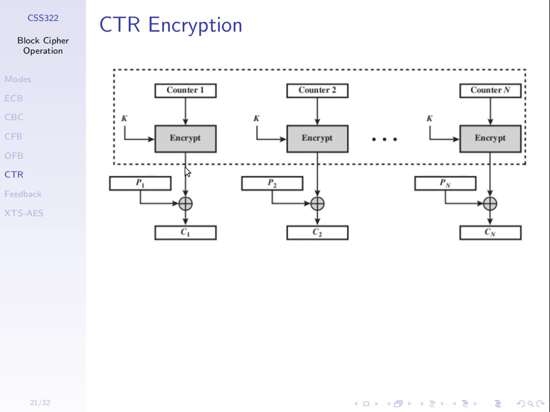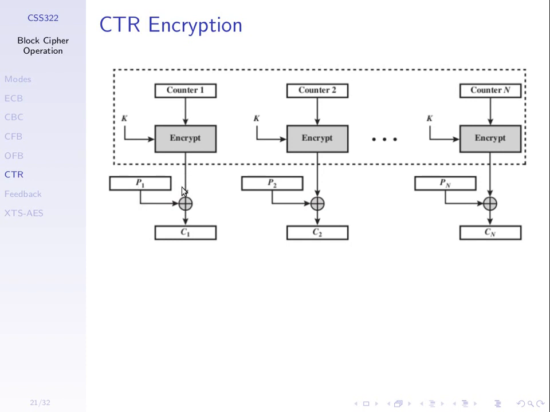We get some output ciphertext, and again, if our cipher is good, then the ciphertext that comes out of this encryption should be random. Encrypting something should produce a random output. We take that random output and simply XOR with plaintext P1.